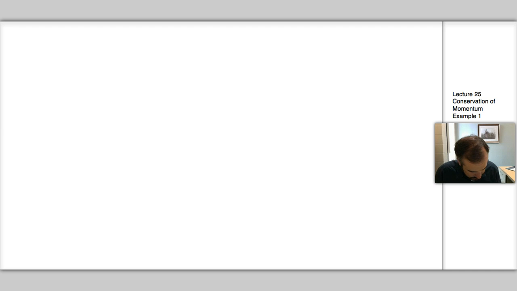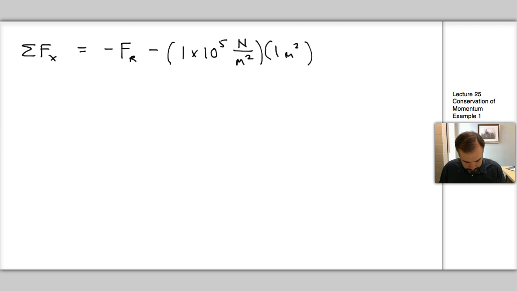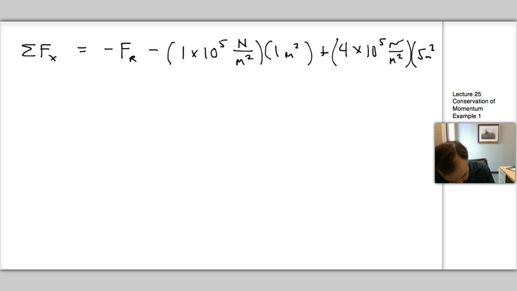So now we're going to say the sum of the forces in the x direction is equal to negative Fr minus 1 times 10 to the 5th newtons per meter squared times 1 meter squared plus 4 times 10 to the 5th newtons per meter squared times 5 meters squared.